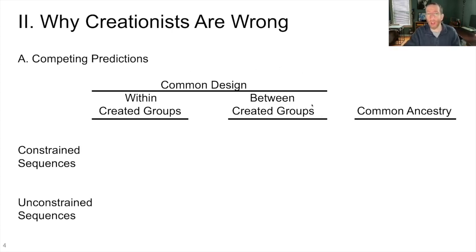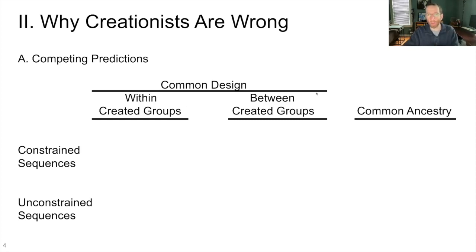Within common design, we have to split it into two groups. We need to look within the created groups, or created kinds, because those organisms share common ancestry. And we also have to look between the created kinds, because those different groups do not share common ancestry.